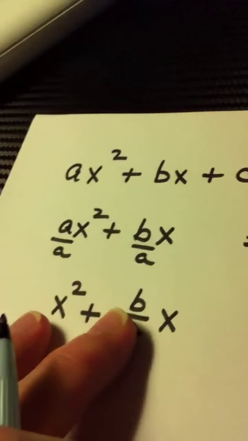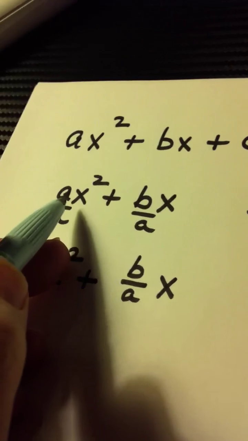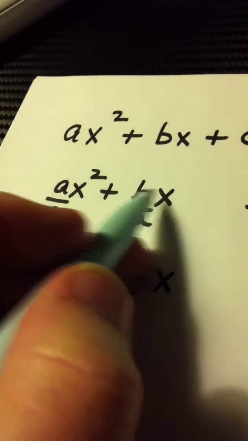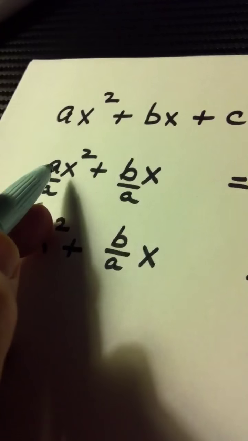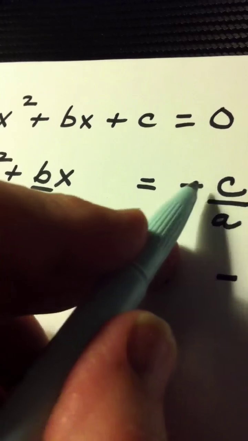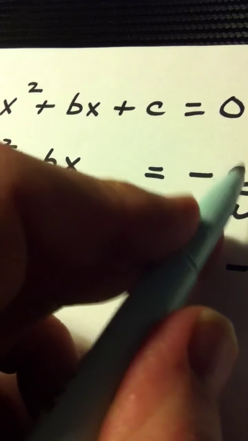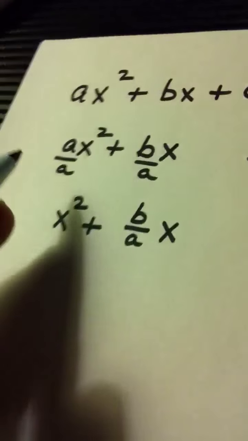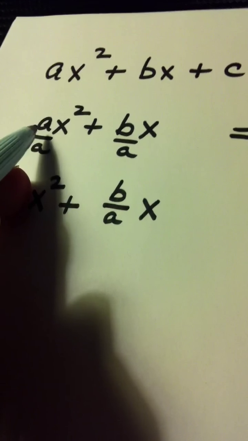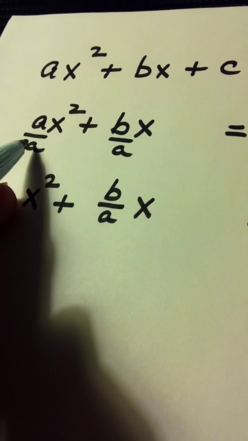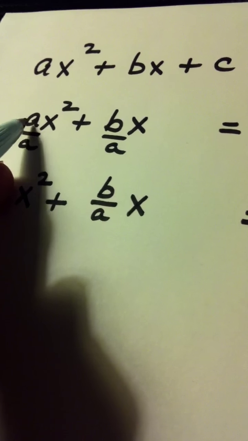Now, the next thing we did is we got the x's on one side and the constants on the other, so we wrote ax squared plus bx is equal to the opposite of c. Before I can complete the square, I need to make sure that my leading coefficient is a 1. Well, a is not 1.